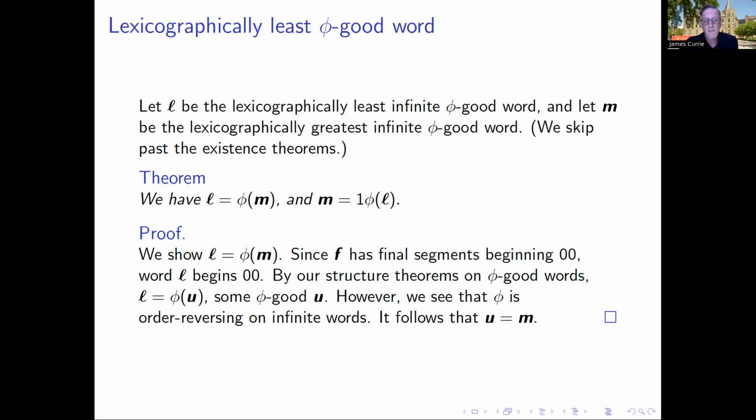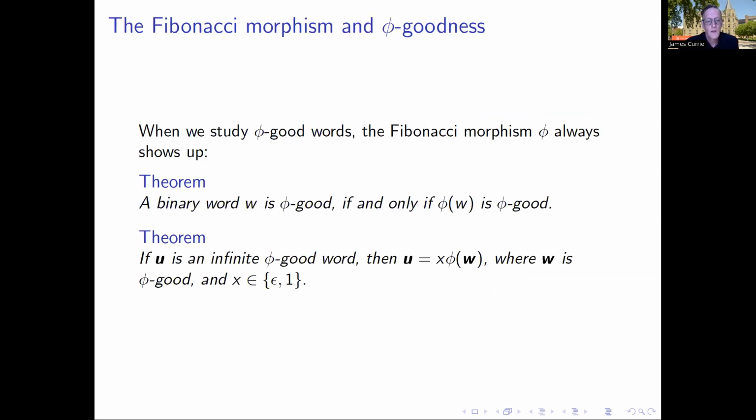So the lexicographically least infinite phi good word has to begin with 0, 0. Now, when we look at the structure theorem, the last theorem on this page says that if you have an infinite phi good word, it looks like the image of an infinite phi good word where either you put nothing in front of it or 1.